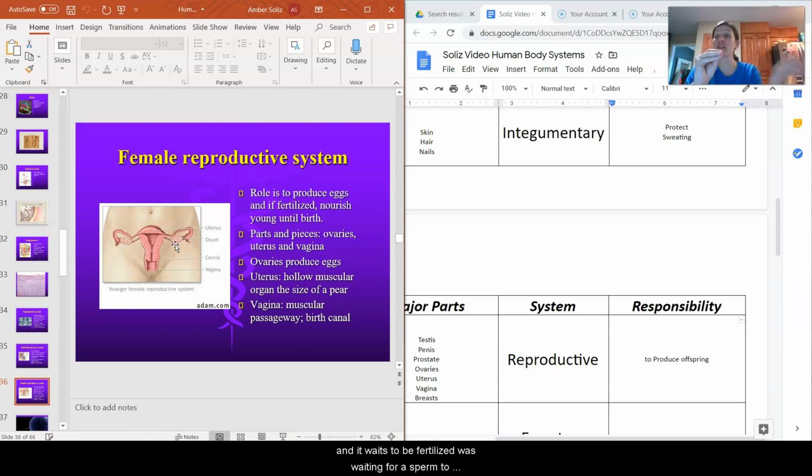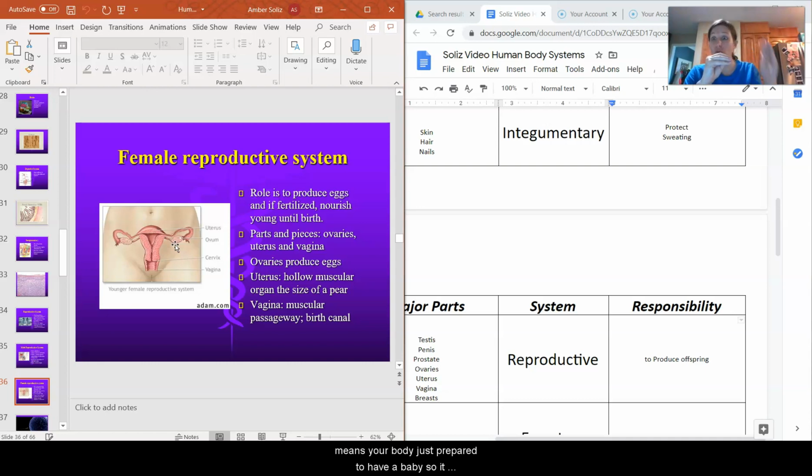So it's waiting for a sperm to make the long trek up the vagina to the fallopian tubes to hit that egg, okay? Now, there's a chance that it doesn't happen, that the sperm never makes it. Now, if the sperm doesn't make it, it's not fertilized, then your body says, okay, we're done with that egg, we're going to get rid of it, okay? And this is going to be where you have your menstrual cycle. And so a female would have a menstrual cycle, which means your body just prepared to have a baby.